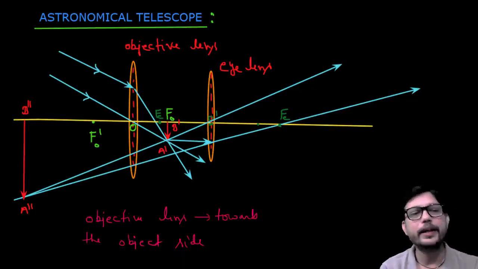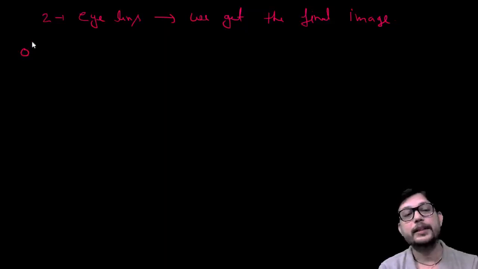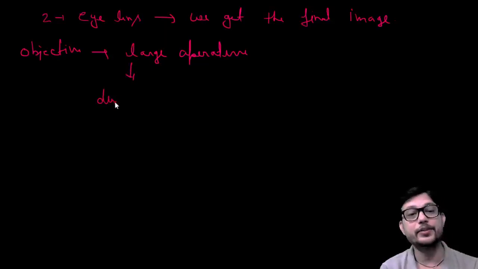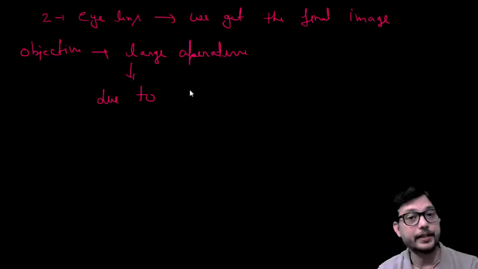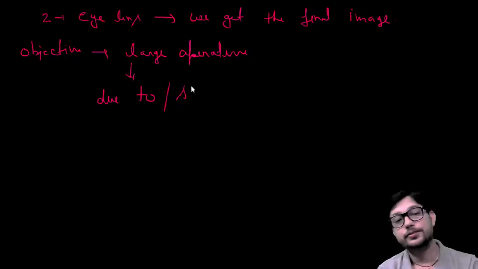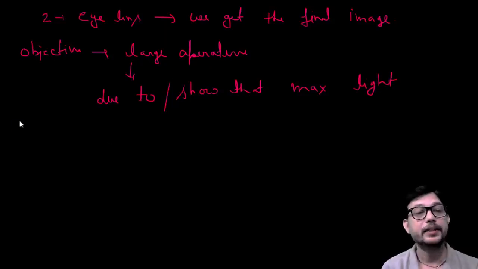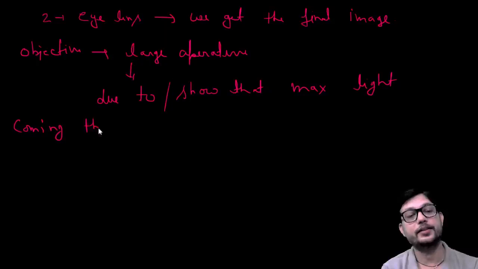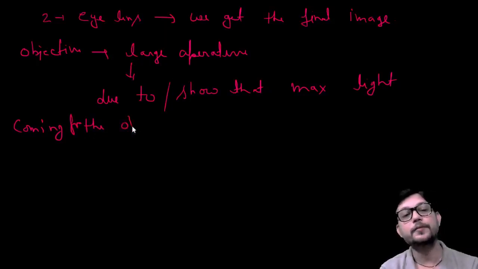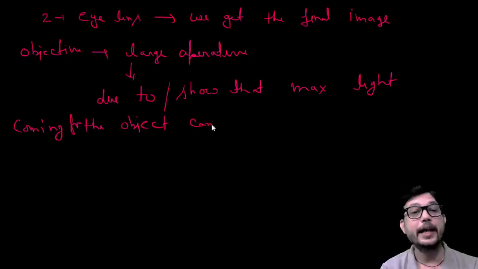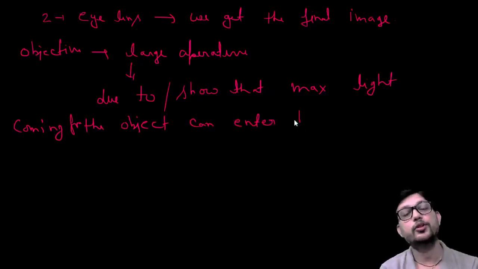The reason is quite easy. The objective lens has a large aperture so that the maximum light coming from the object can enter through it.